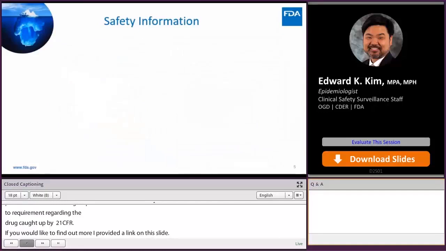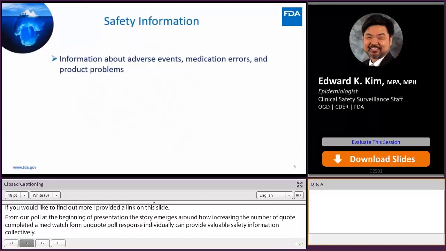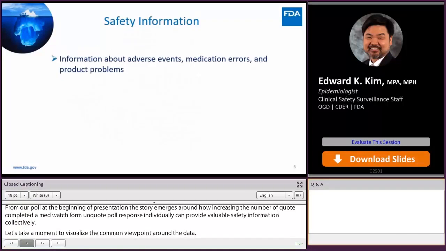So many have likened viewing safety information in the population to viewing an iceberg. For information about an adverse event, medication error, or product problem to be seen, it must pass through several steps, including being reported by patients, healthcare professionals, and others.